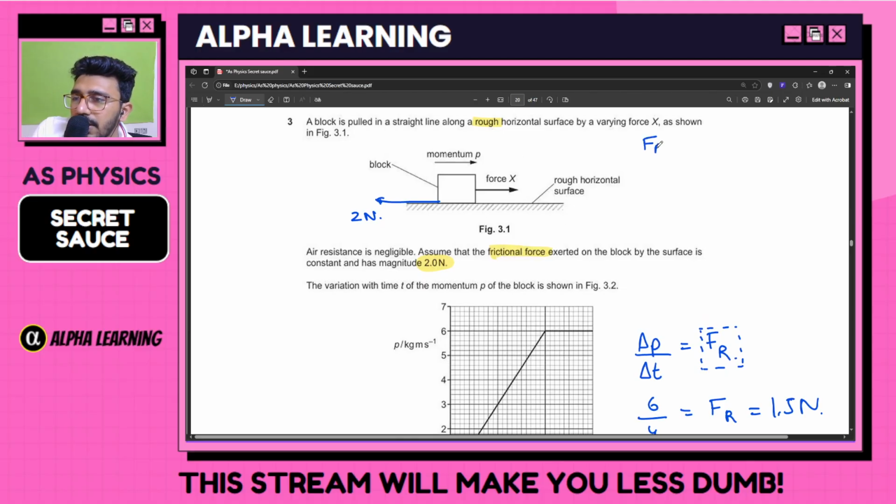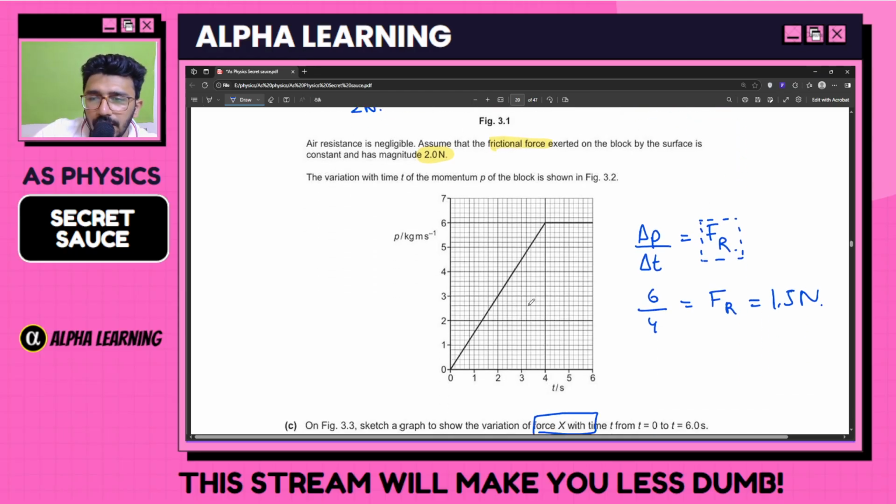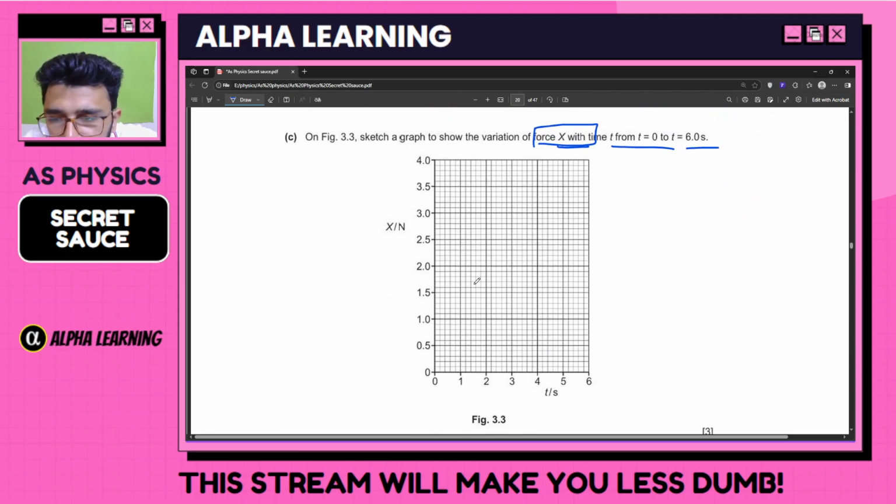If the resultant force is 1.5 Newton, how will you write the resultant force? X minus 2 equals 1.5. X will be equal to 3.5 Newton. So that basically means that for the first 4 seconds, your force x will be 3.5. So you draw a horizontal line like this for the first 4 seconds.